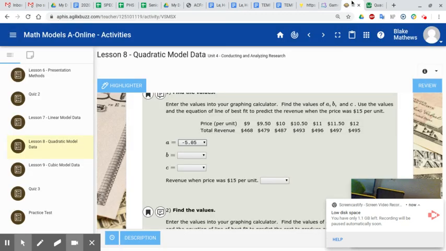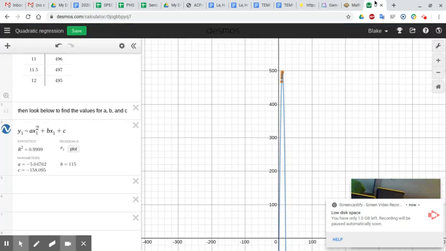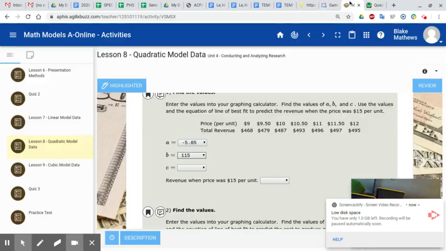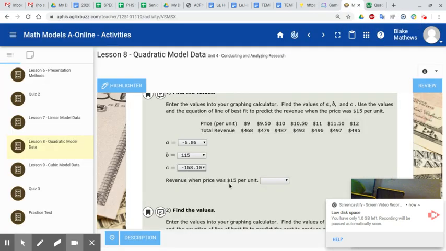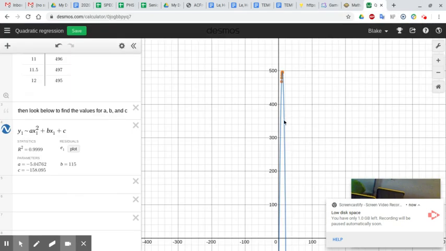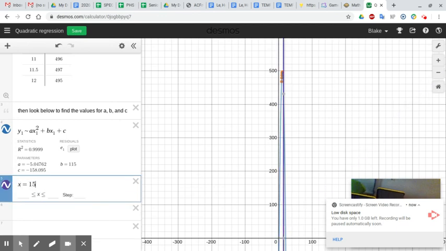B value is 115. There it is. And the C value was -158. So that's all coming from right here. Okay, so those are the three values. And then it wants to know 15. When it's 15, what is the answer? So I'm going to do what I did last time. I'm going to do x equals 15.